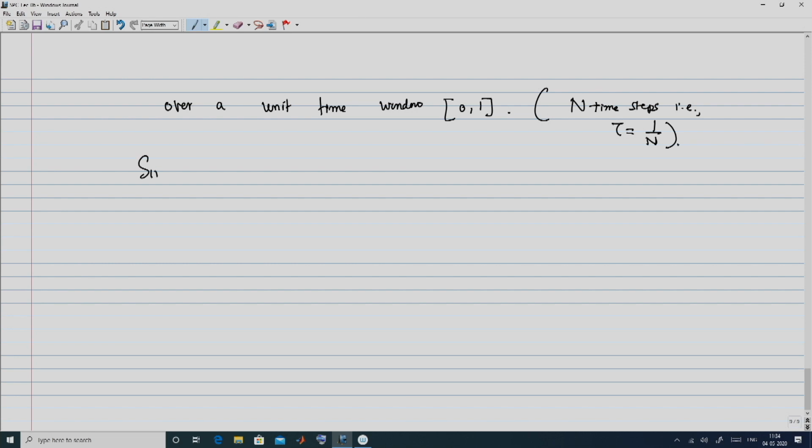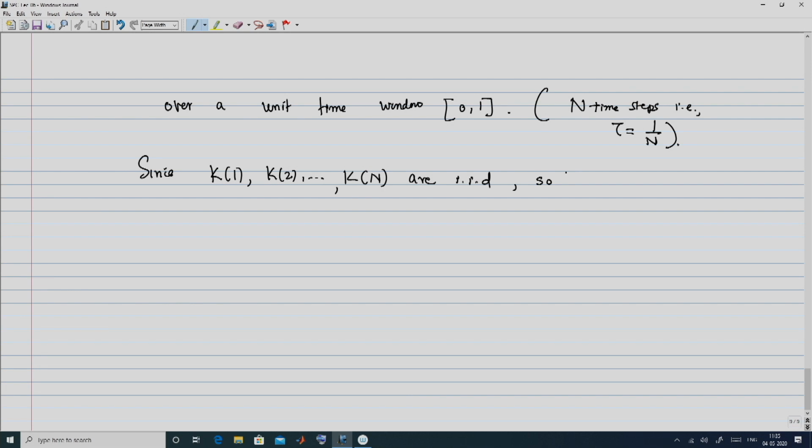Now, since your original returns K1, K2 all the way to capital Kn were IIDs because they were modeled through the binomial model, they were independent, because we assume that the change in the asset price between any two consecutive time steps is independent of each other, and they of course follow the identical binomial distribution.